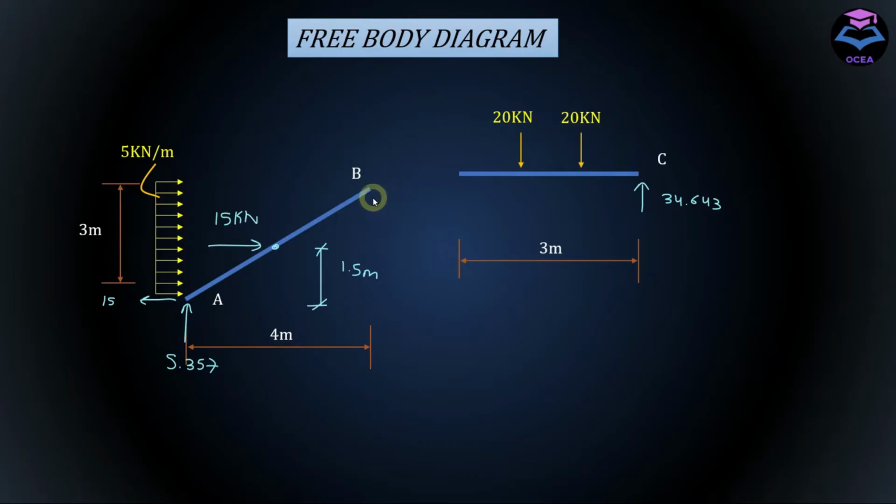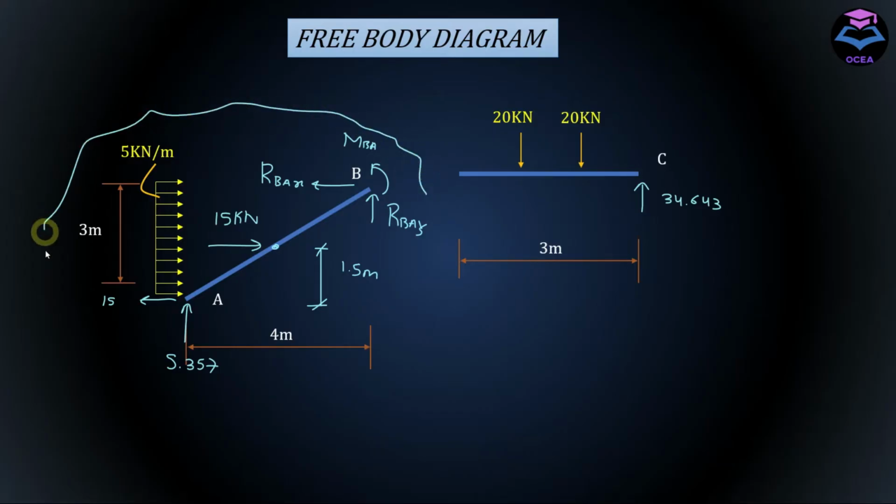So let's name the vertical force acting here as RBAY, and this force as RBAX, and the moment acting here is represented by MBA. And to determine these forces and moment at point B, we will apply conditions of equilibrium to this whole member AB.